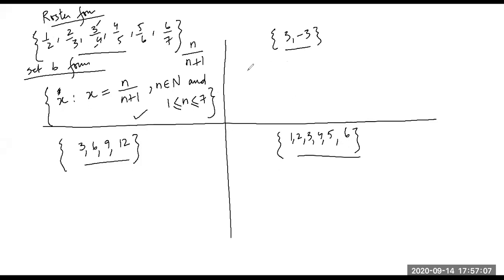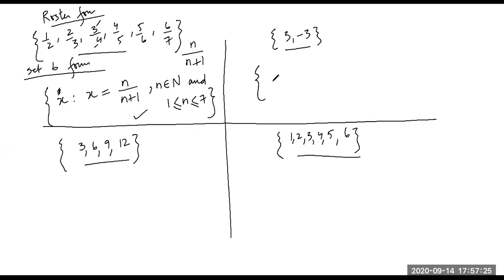So I'll do the second one. How can I represent this? I'll start with braces again. Now there could be different ways a student can do it correctly, not just one way.